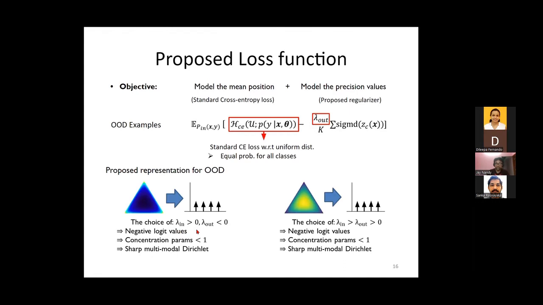So essentially, after applying the exponential, we are going to get fractions, and we are going to get a multimodal representation across all the different corners of the simplex. So we are going to get this kind of representation.